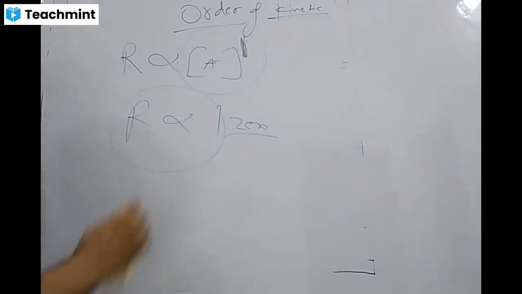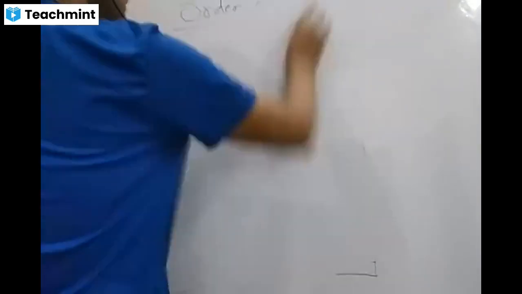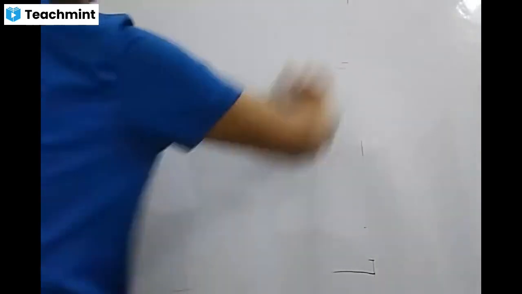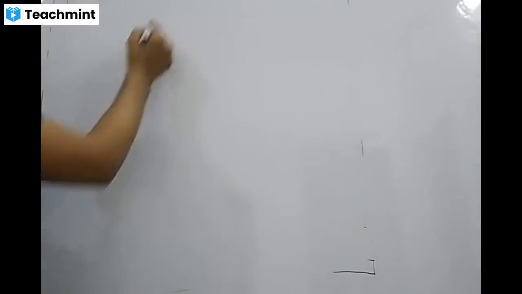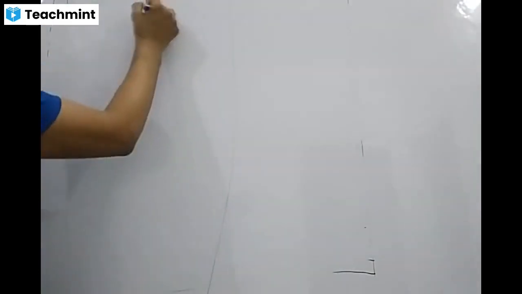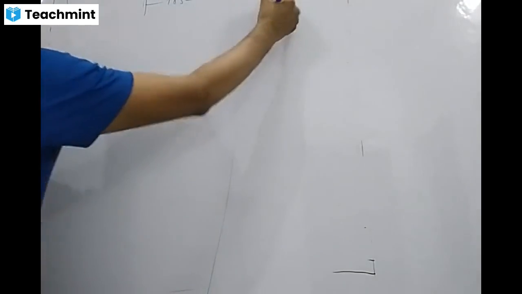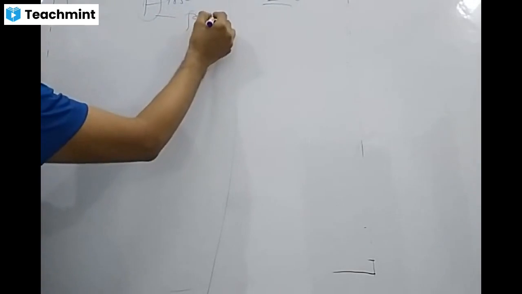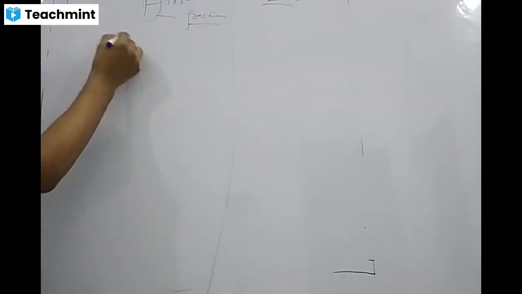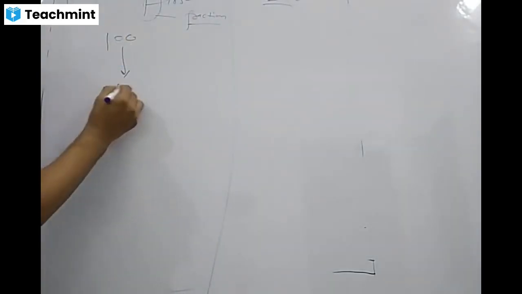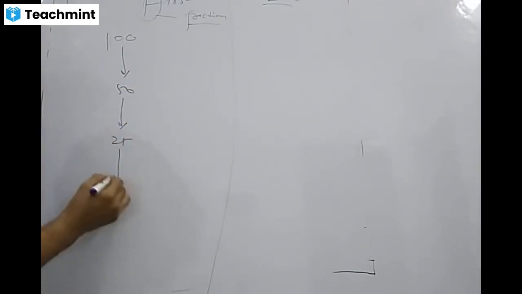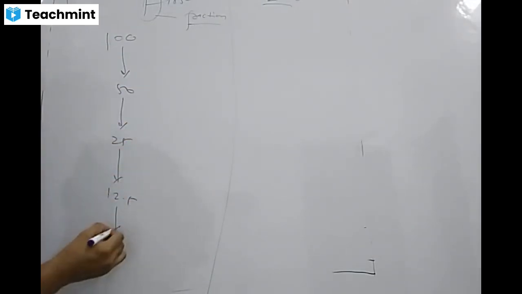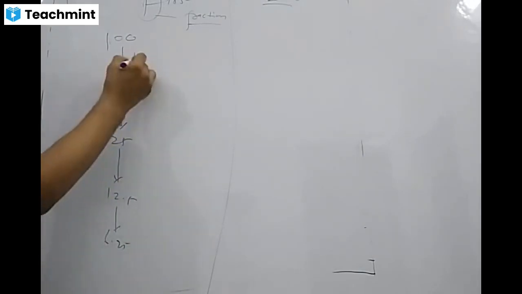So regarding the definition of first order kinetics, there are 4 MCQs they ask you. First is first order kinetics, and second is zero order. F for fraction. A constant fraction is eliminated per unit of time. Suppose we have 100, then 50, then 25, then 12.5, then 6.25, every 1 hour.